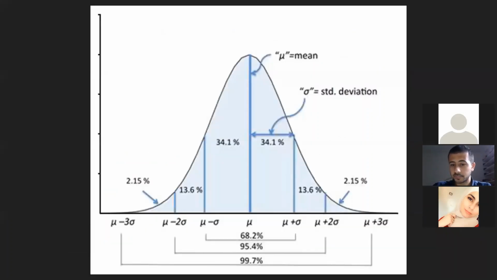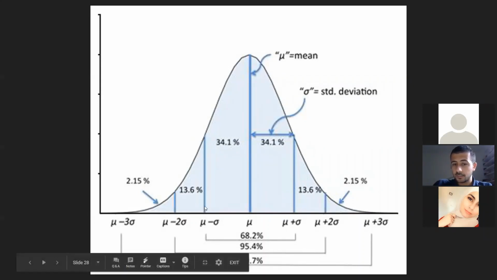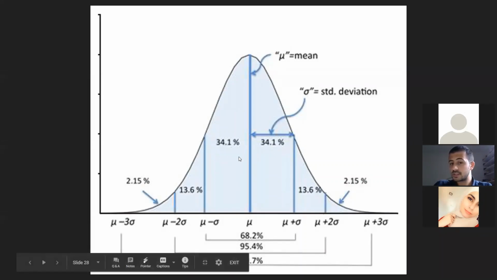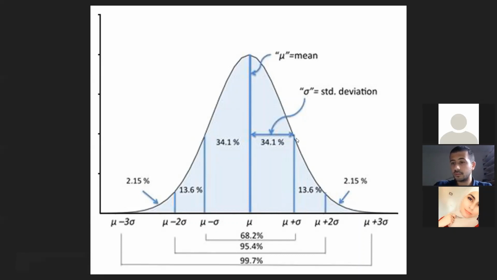But the main concept of standard deviation is that when it is a normal distribution, from mu minus a standard deviation to mu plus a standard deviation, it's 68.2%.